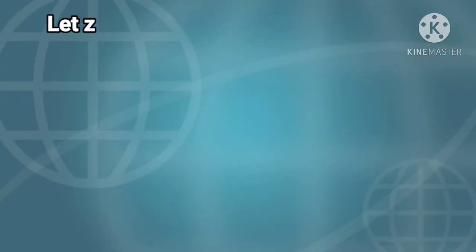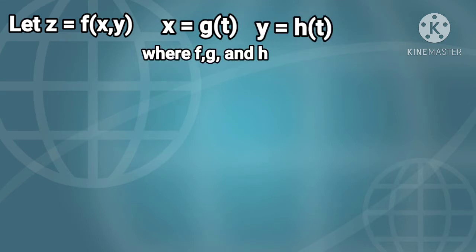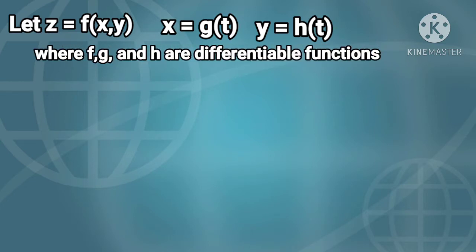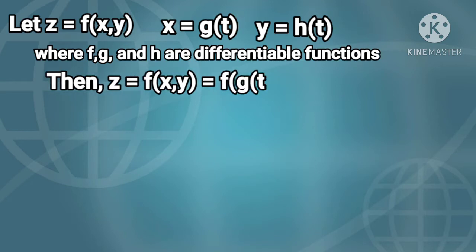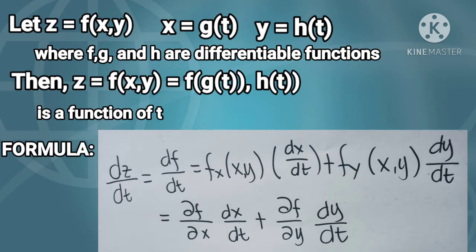Let z equals f of x and y, x equals g of t, and y equals h of t, where f, g, and h are differentiable functions. Then z equals f of x and y equals f of g of t and h of t is a function of t, and this would be the formula.